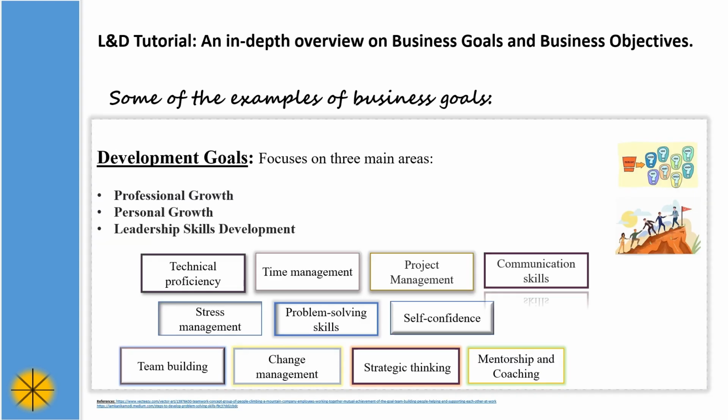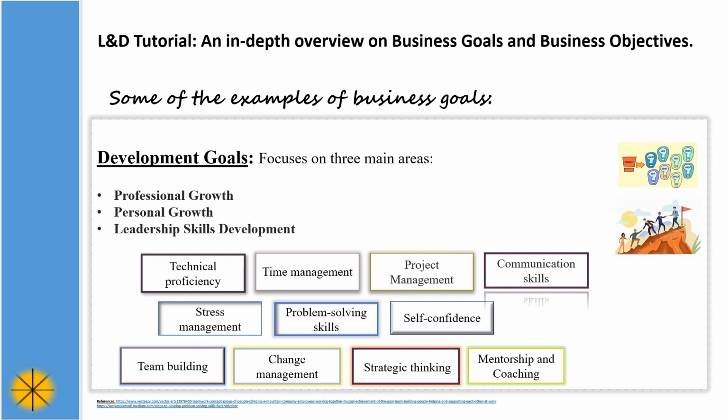The three main areas of development goals are professional growth, which allows individuals to develop professional skills in technical proficiency, time management, project management, communication skills, etc., which helps with successful planning and implementation of goals. Personal growth is an approach to holistic individual skills development in stress management, problem solving, and self confidence skills, which allows efficient task performance.